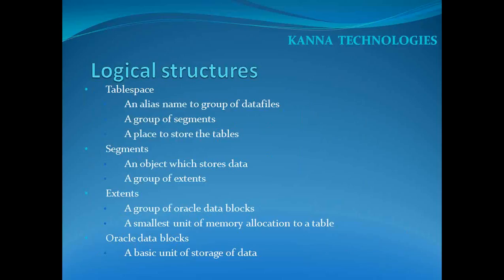Logical structures are internally managed and maintained by the Oracle database. The 4 logical structures are, first, tablespace, second, segments, third, extents, and the fourth one is data blocks. To understand these logical structures, let us look from bottom to top. Let's not travel from top to bottom. Let us go in a reverse way.